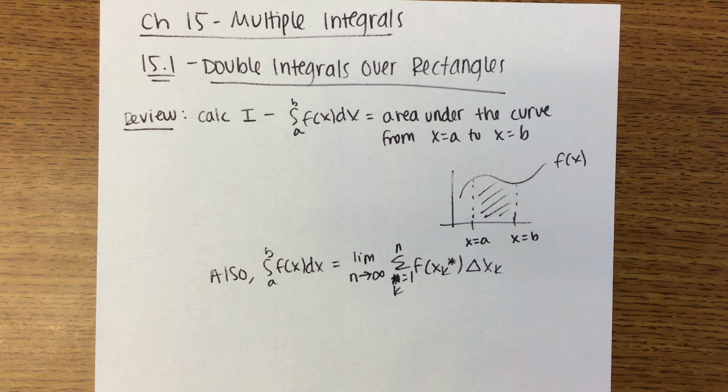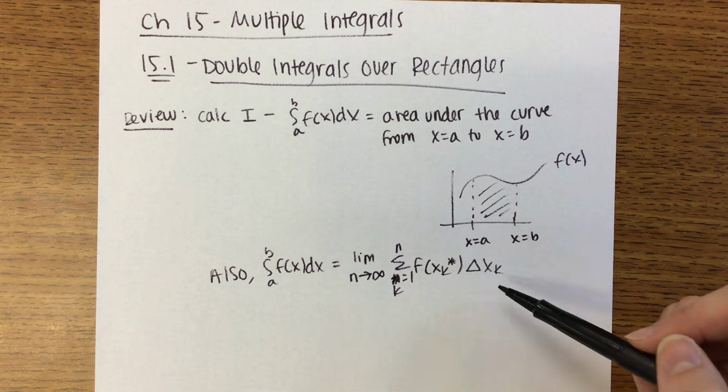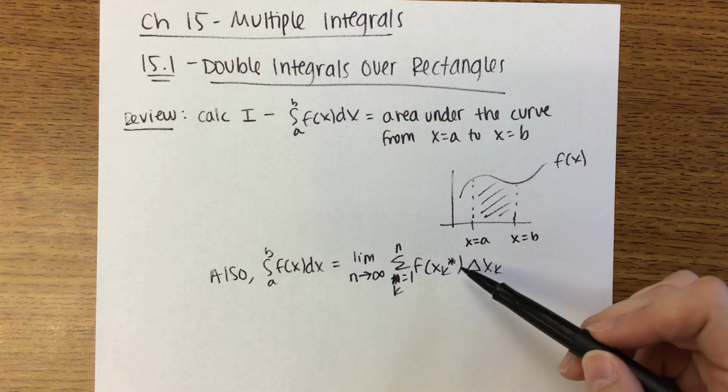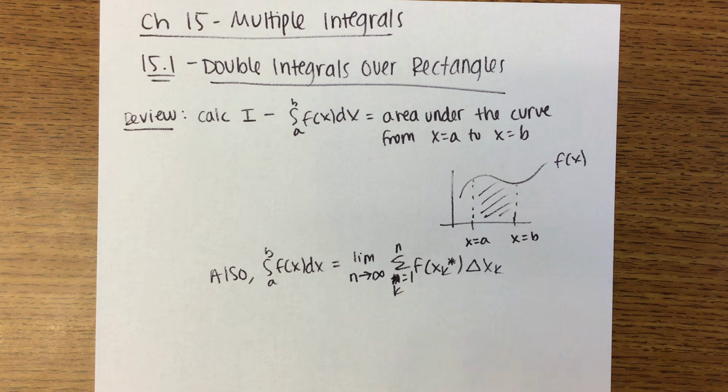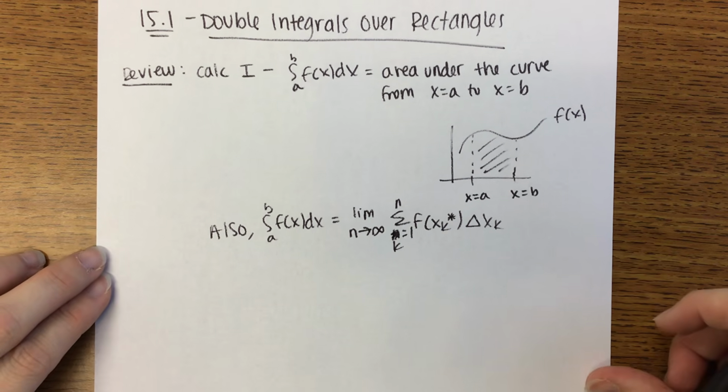You probably talked about your estimate getting more accurate the thinner your rectangles are. The idea with the Riemann sum is that you can choose any x within that rectangle. It doesn't matter if it's the left endpoint, the right endpoint, or the midpoint. That's the idea with a Riemann sum.